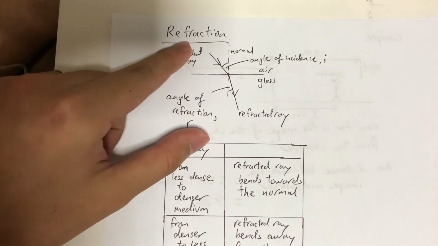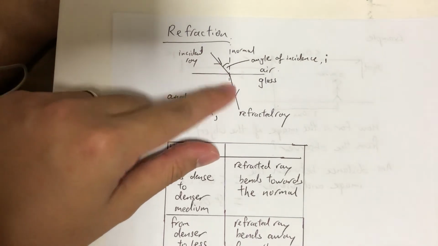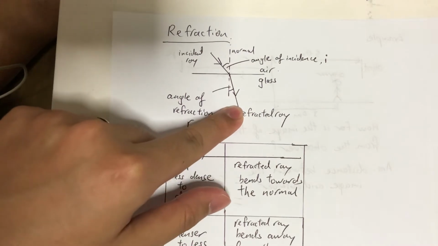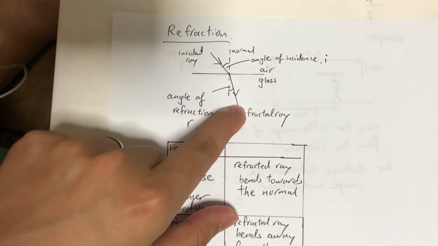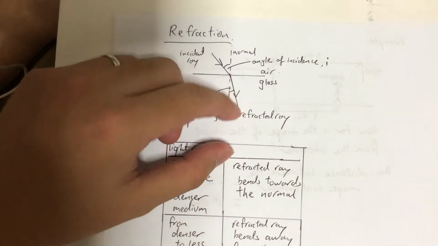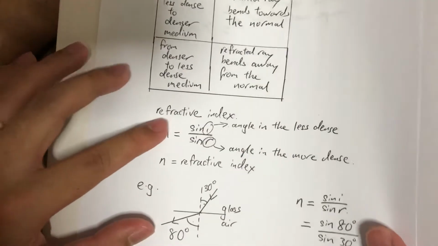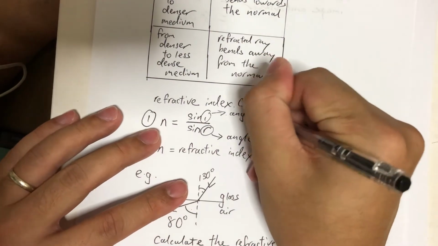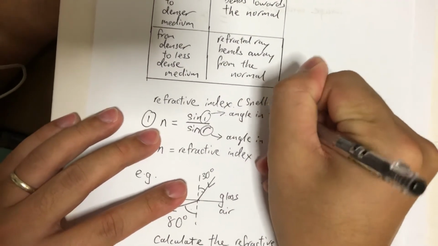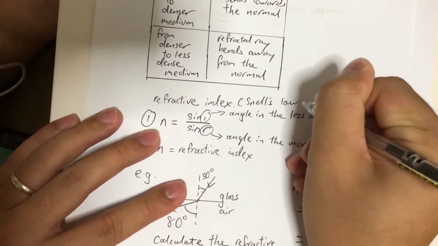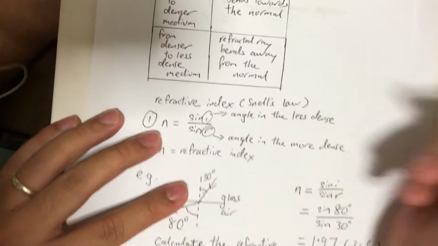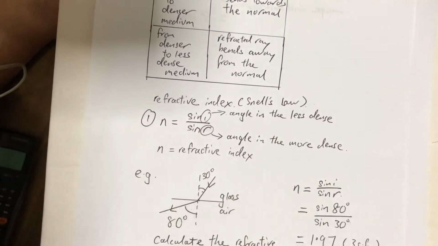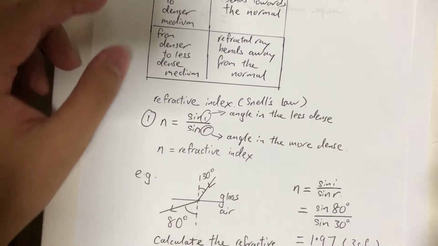When light travels from a less dense to a more dense medium, it slows down, and because of it slowing down, it bends towards the normal. So this formula here, n equals sine i over sine r, is actually called Snell's law. In the proper physics formulas, we call it Snell's law. It's a simplified form that you are seeing here.